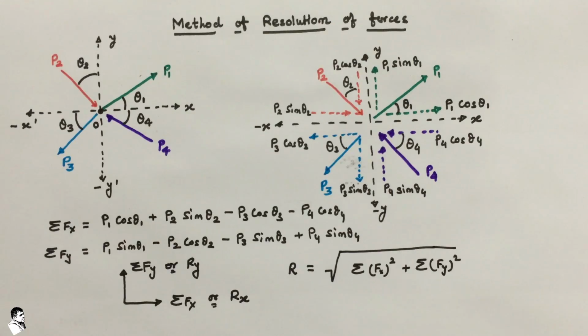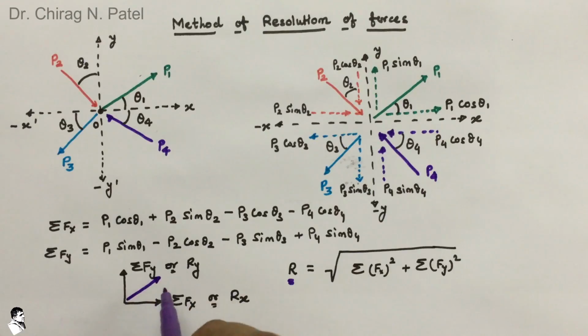And if we look at the direction with respect to the x-axis, this is our resultant. If we show the resultant of the force in x direction and the force in y direction like this, this is the resultant, and here is the angle, which we consider as alpha.